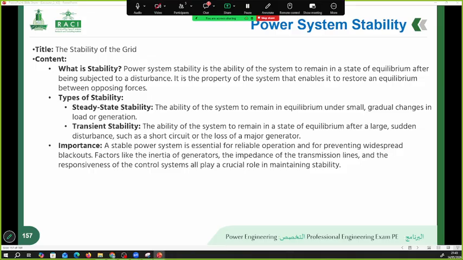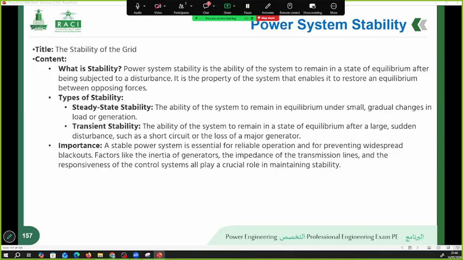All right. This slide introduces a critical and complex topic: power system stability. It is the ability of the electrical grid to maintain a state of equilibrium and continue operating after a disturbance. Stability is essential for preventing cascading failures and widespread blackouts.